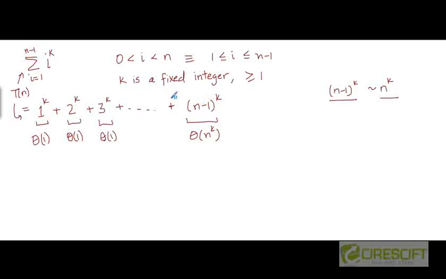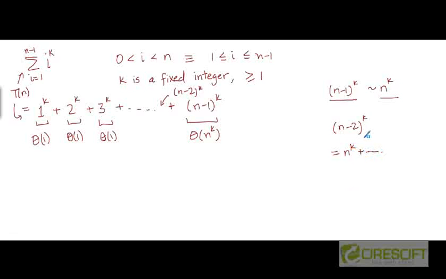This also applies to the second last term. So the second last term here would be n minus 2 to the power k. And again, if we apply the binomial theorem to open up this expression, we'll find that the first term in the summation will be n to the power k.